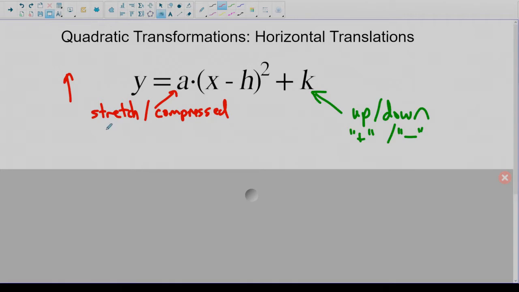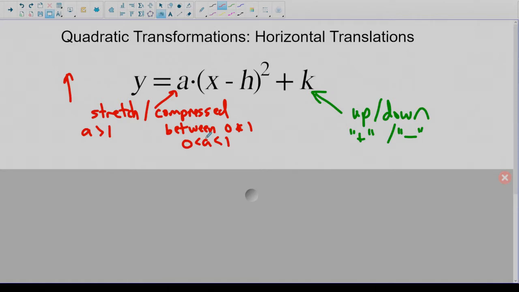And that's based on whether or not the number is greater than 1, or if the number is between 0 and 1. Greater than 1 will give us a stretch. If it's between 0 and 1, like 0.5, 0.75, it'll be a compression.